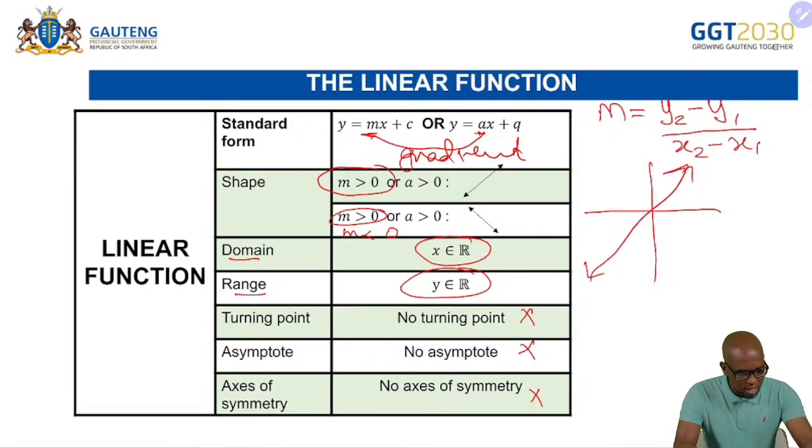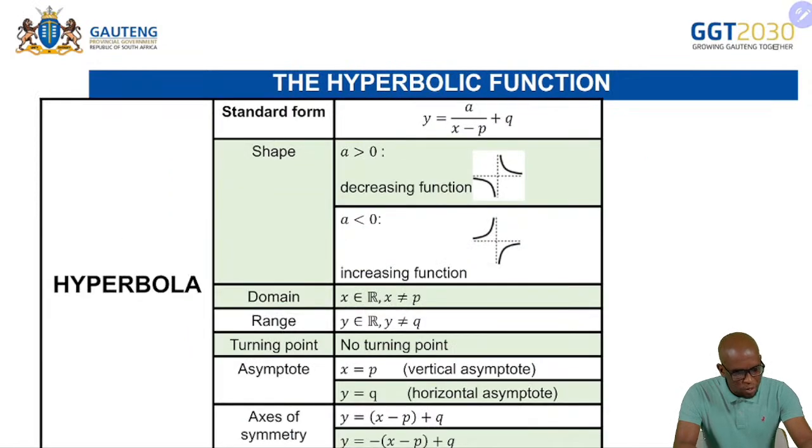Right, moving right along. Now we look at the rectangular hyperbola, or the reciprocal function. We know the standard form is y equals a over x minus p plus q. Now we are looking at the parameters p and q that represent horizontal shift as well as vertical shift, movement to the left and the right, as well as movement up and down.